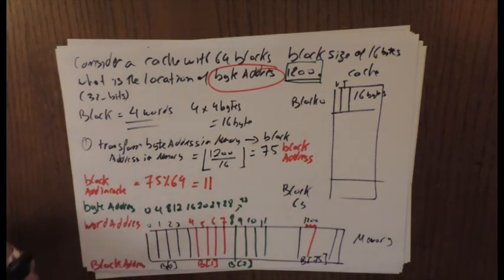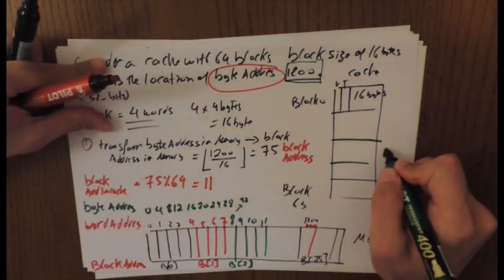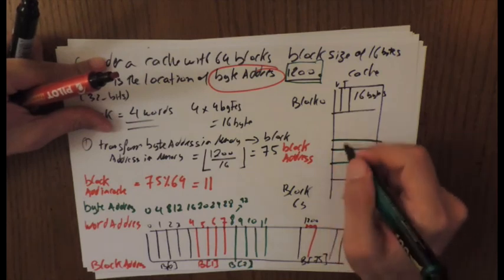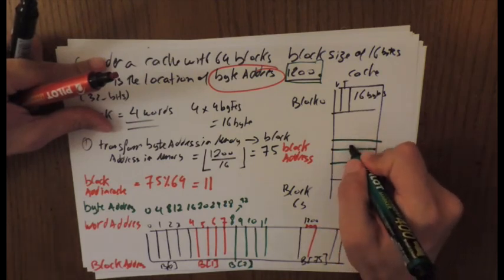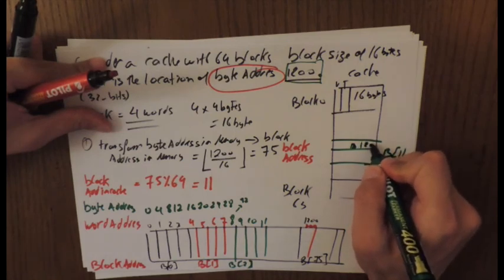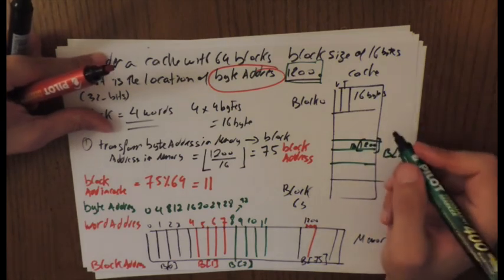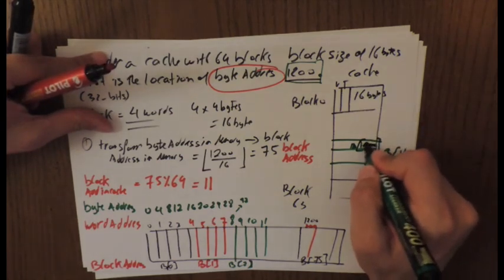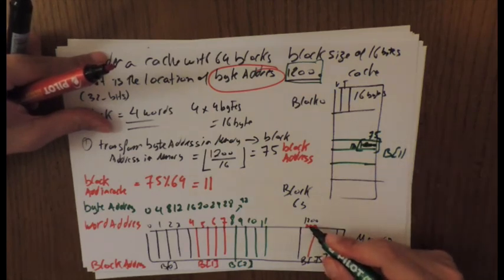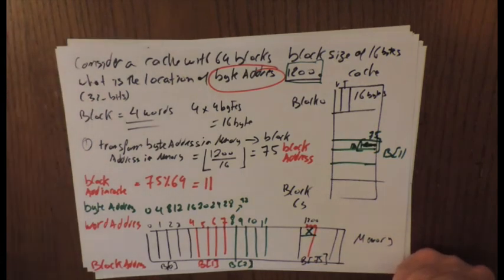This means block 11 will have the first one as block 75, which contains the byte address 1200, which is this byte.